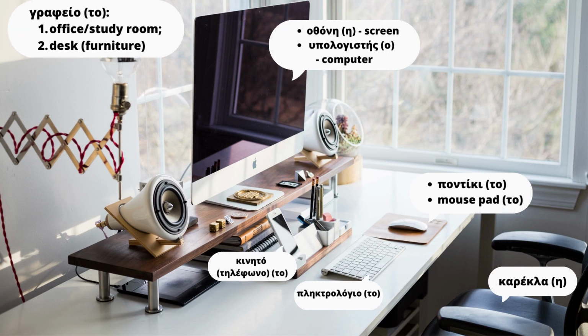So we have exactly the same combination of words. This is a foreign word, obviously. To mousepad. So if you go to a store and you want to buy a mousepad, you can use the English version. Everyone will understand you. So the keyboard next to the mouse is called to πληκτρολόγιο.